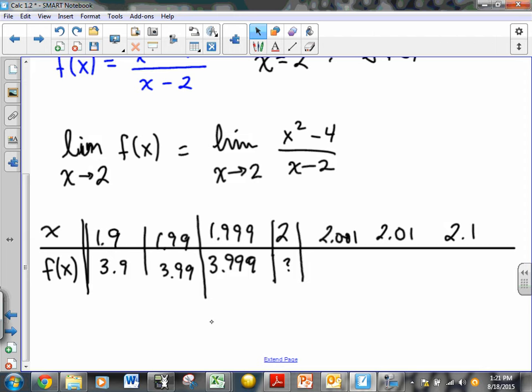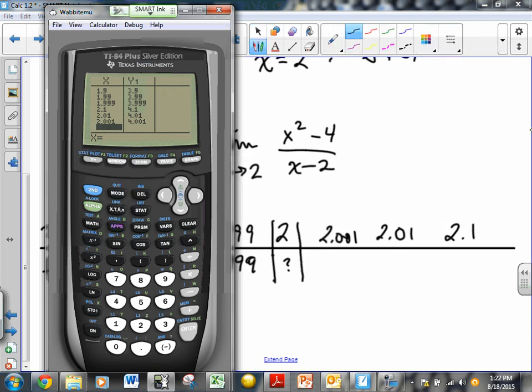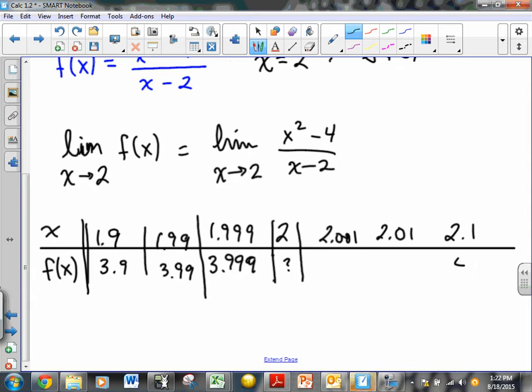Let's go back to here. 2.1, I get 4.1. If I get closer to it, 2.01, 4.01, 2.001, 4.001. And I wouldn't have to stop there.